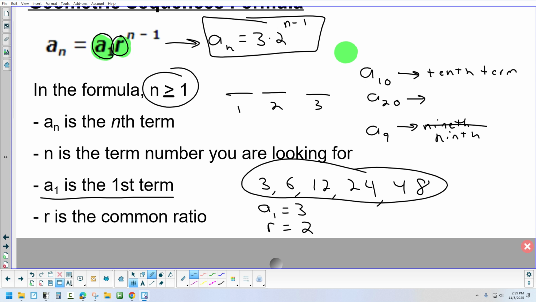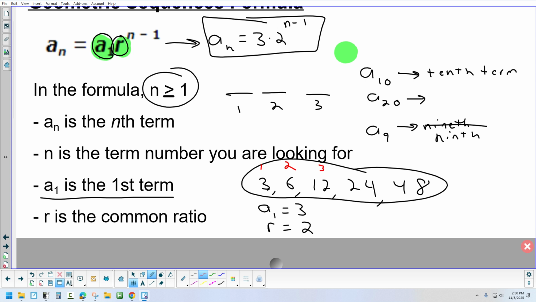So the 3 is which term? How about Miriam? Which term is the 3? First. How about the 6? Second. And the 12? Third.